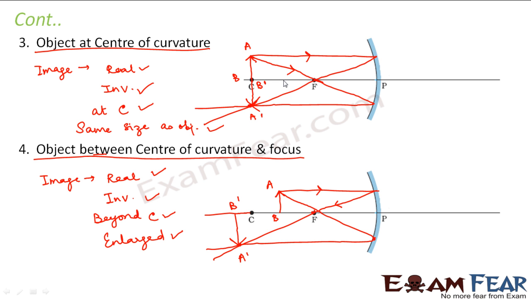In the third case, when the object is at center of curvature, the image further moved to center of curvature. Now when the object is between center of curvature and focus, the image further moved beyond center of curvature. So that means gradually as the object is coming near the pole, the image is going far away from the pole, right?